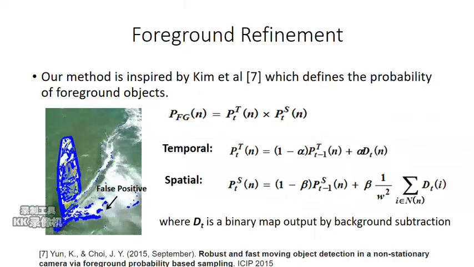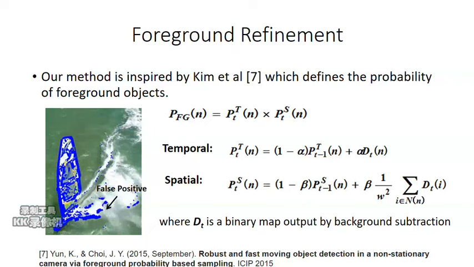Our method is inspired by a paper published in ICIP 2015, which defines the probability of a foreground object. The foreground probability is the multiplication of temporal and spatial properties.